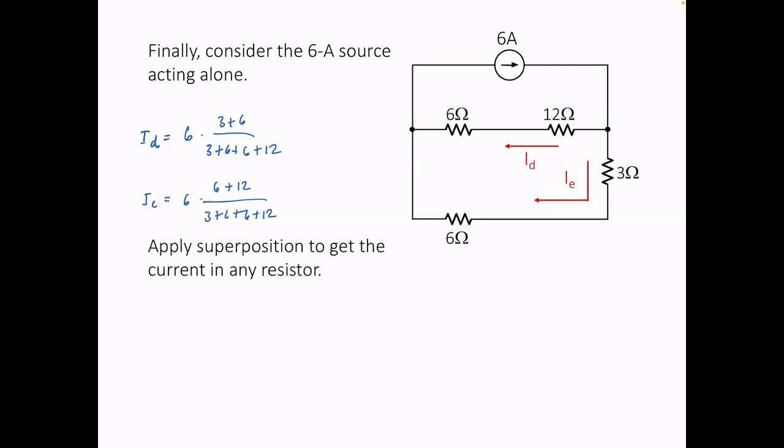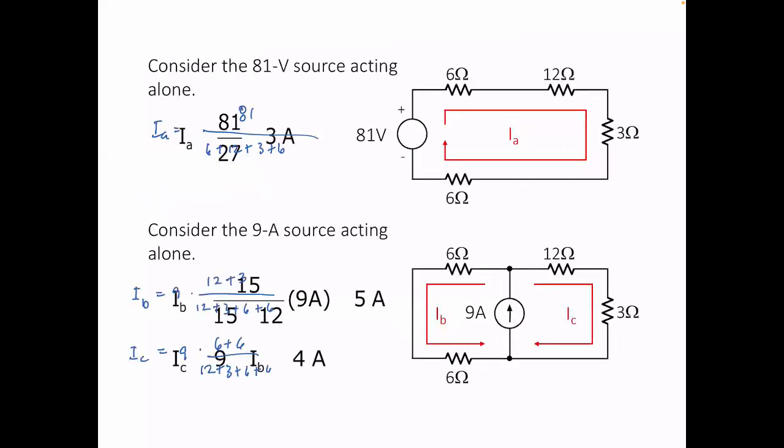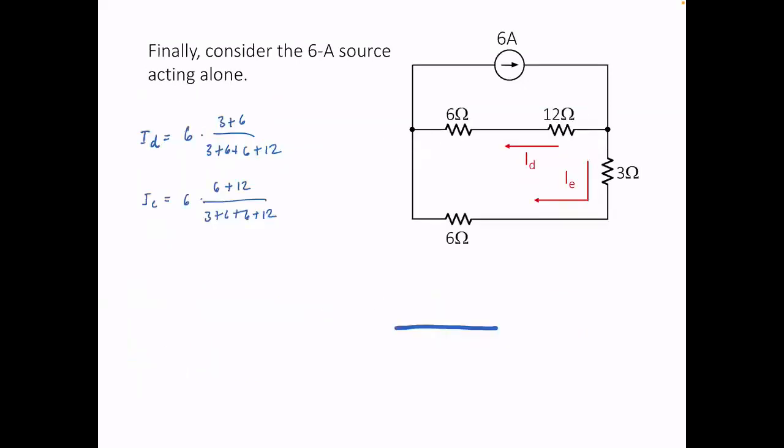So to get the current in any resistor, we can apply superposition. So for example, if I want to get the current in the 3 ohm resistor, what are the currents that flow in the 3 ohm resistor? Let's go back. No, you have IA flowing downward in the 3 ohm resistor. I have IC flowing downward in the 3 ohm resistor here, and here I have IE also flowing downward in the 3 ohm resistor.